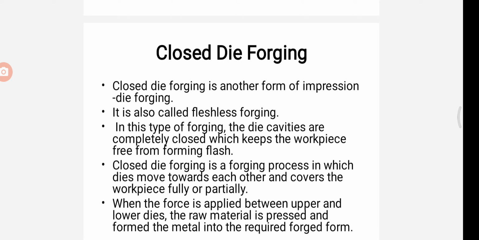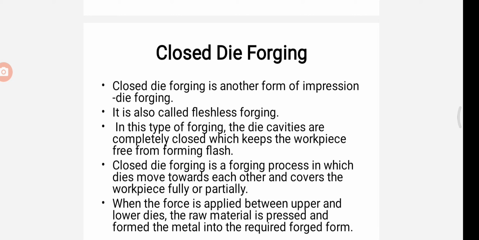The heated material, which is approximately the shape or size of the final forged part, is placed in the bottom die. The shape of the forging is incorporated in the top or bottom die as a negative image.